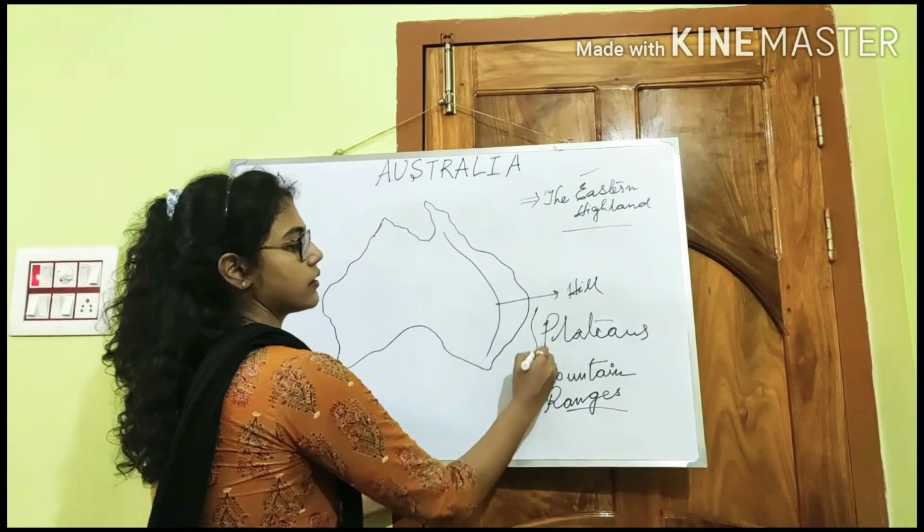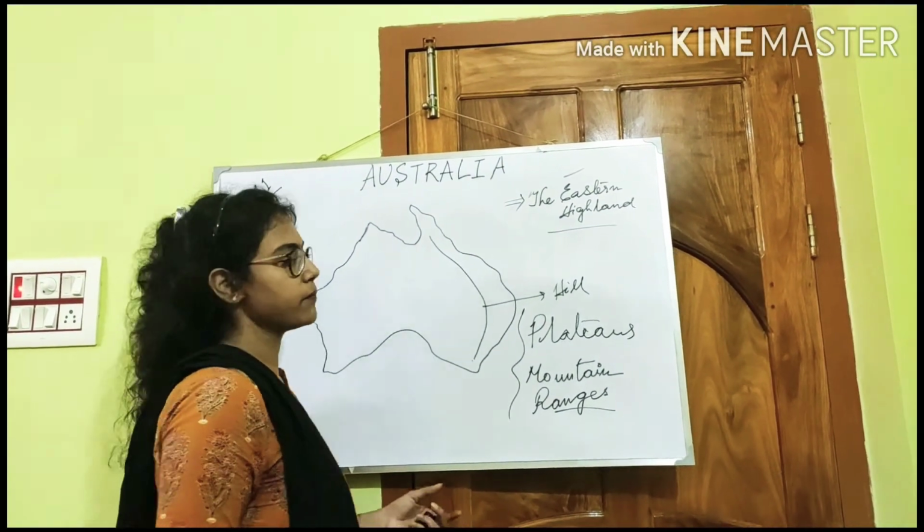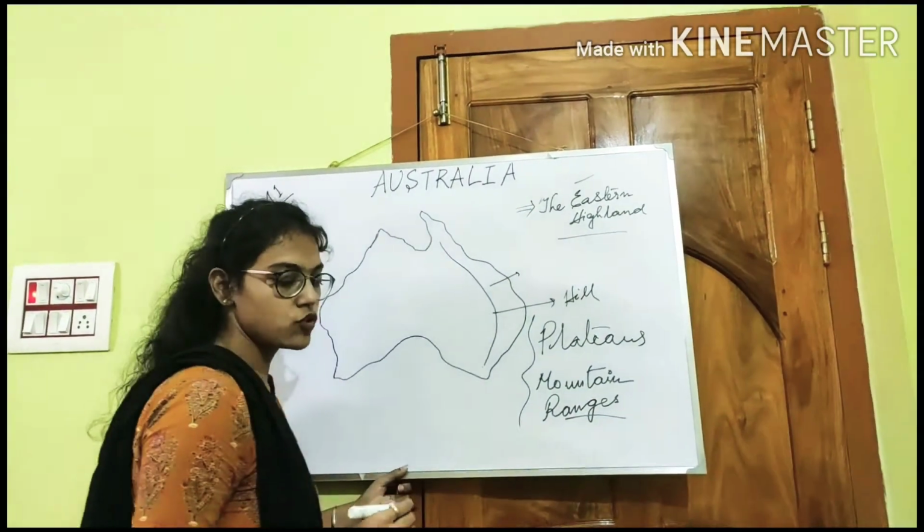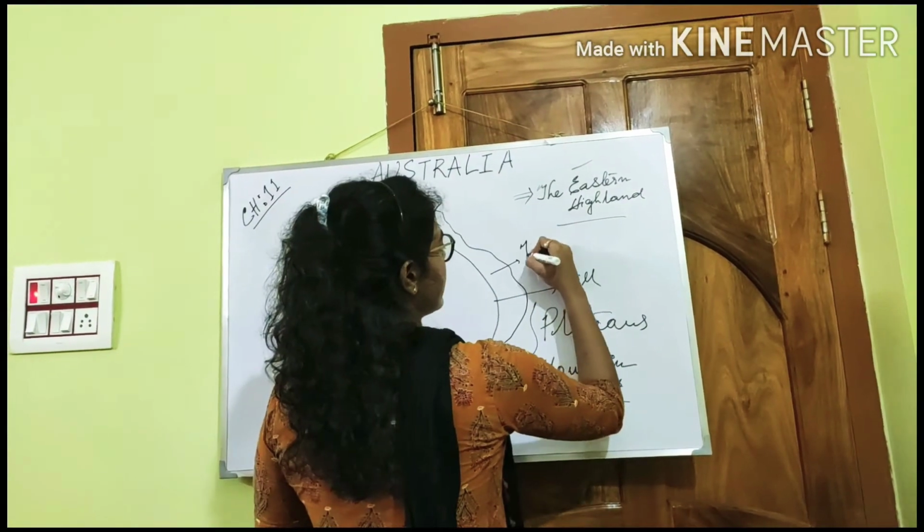With these, it is made up, and this is actually called the Great Dividing Range.